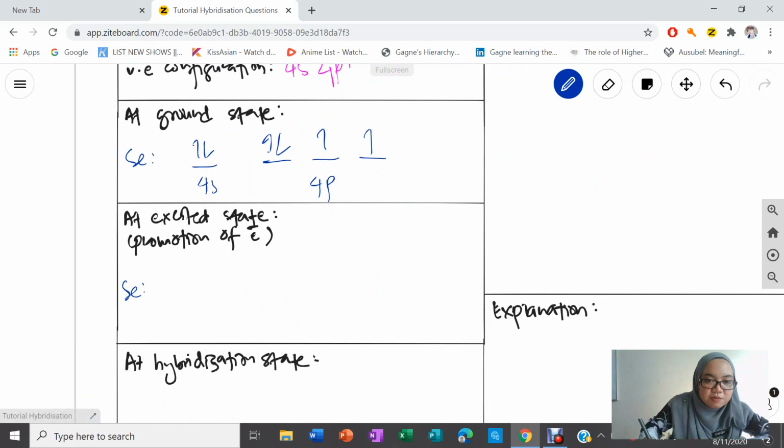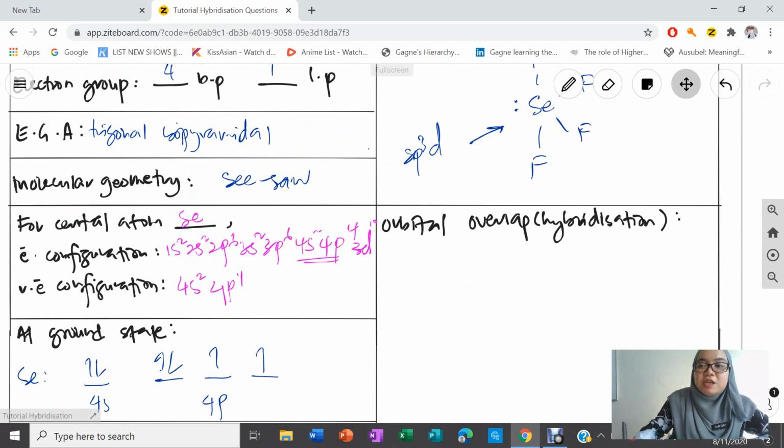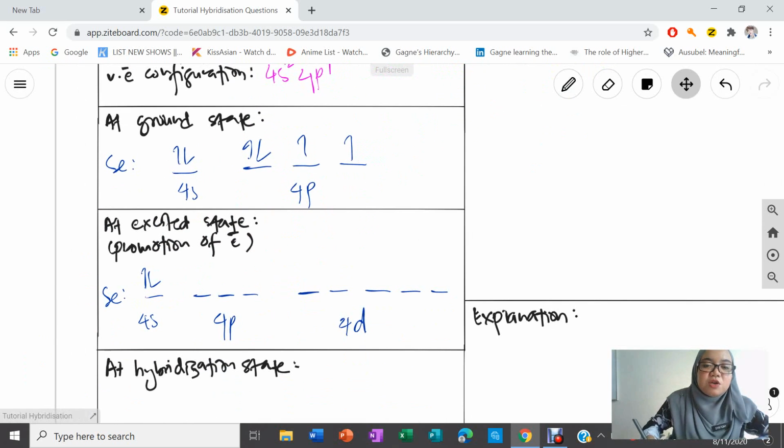So Se will be 4s, 4p. For this 4s, just leave it there because there is one lone pair around the central atom. So that will represent the lone pair. For this 4p, one of the electrons from 4p will be excited to the 4d orbital. So 1, 2, 3, 4.